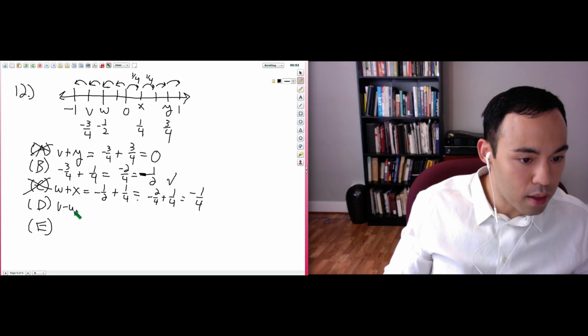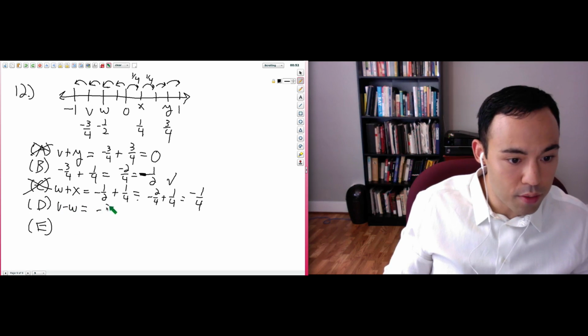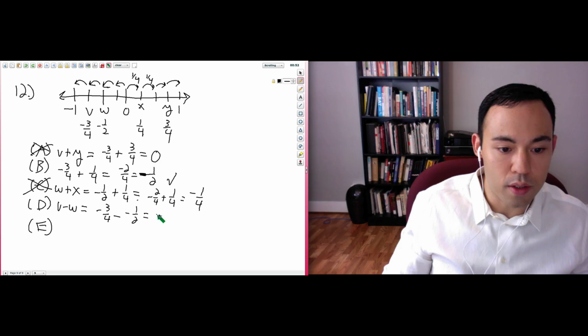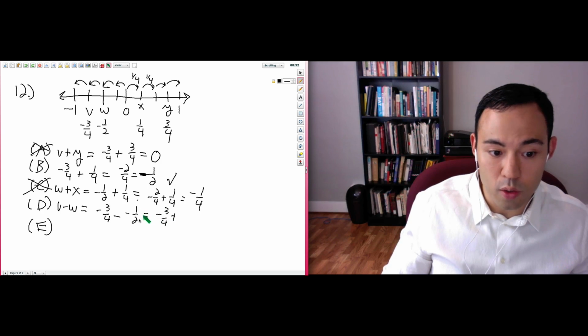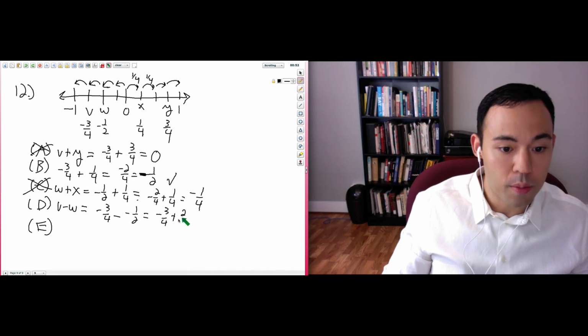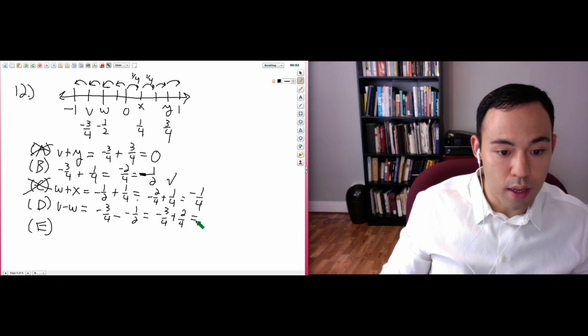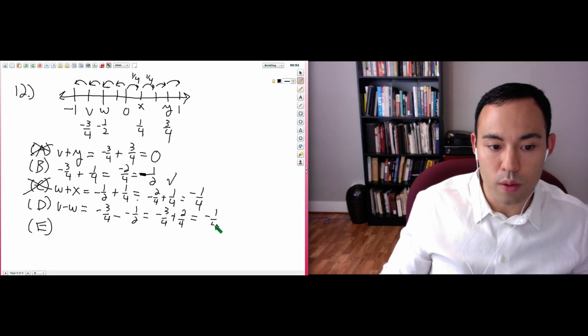D is V minus W. So that's -3/4 minus, now be careful, -1/2, which is the same as -3/4 plus, let's go ahead and multiply numerator and denominator by 2 so that we can get the same denominators, and we can just add right across, plus 2/4, and then we're going to have ourselves -1/4.